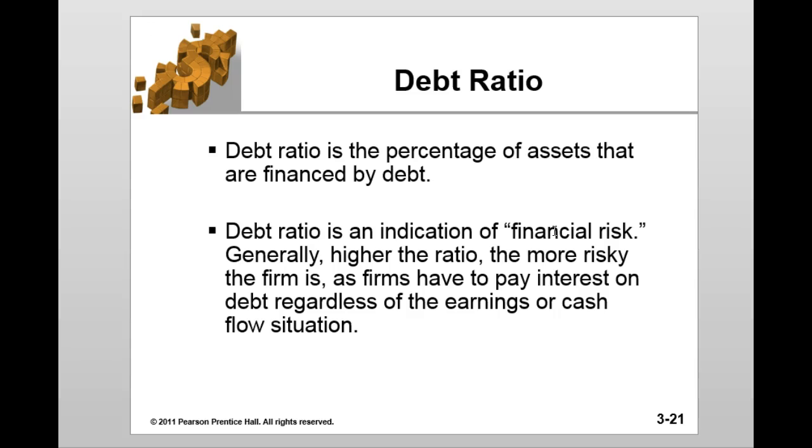Usually the higher the ratio, the more risky the firm is. So you have to be very careful because you don't want to put out the impression that the company is financially risky, because then when you go to borrow money, as we discovered in Chapter 2, the higher the risk, the higher the interest rate, which means you would pay more for any money that you borrowed. And that kind of wraps up what we're doing with the balance sheet.